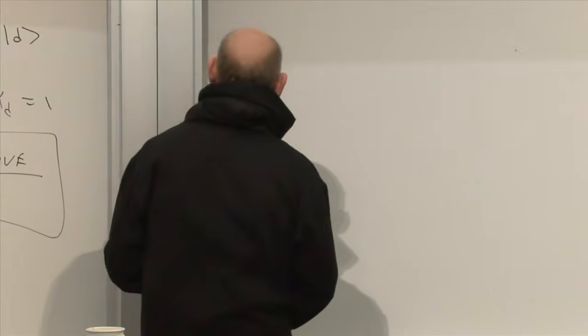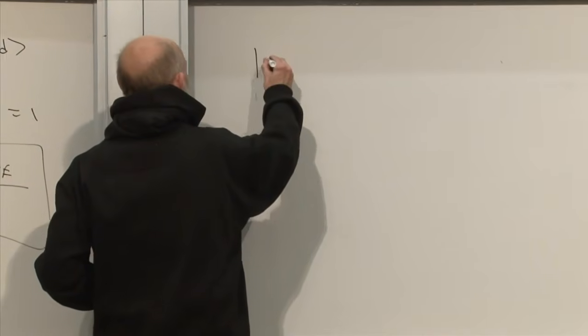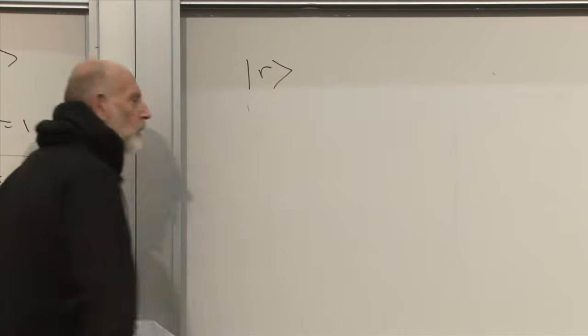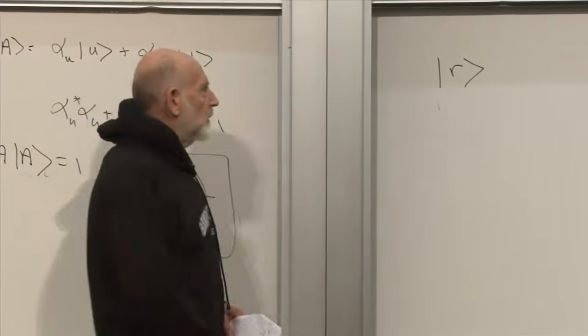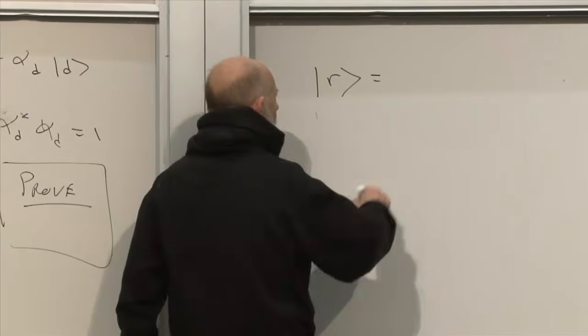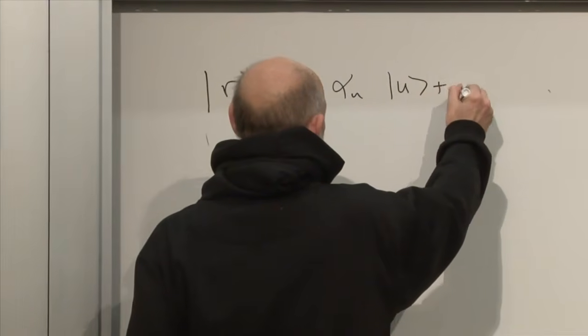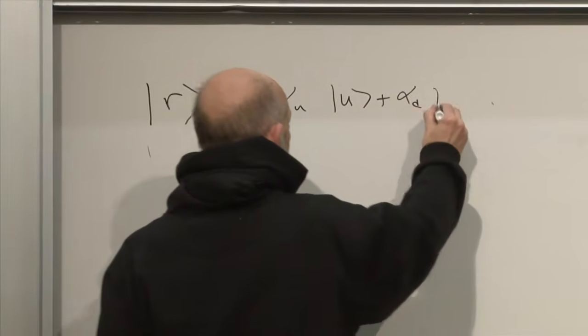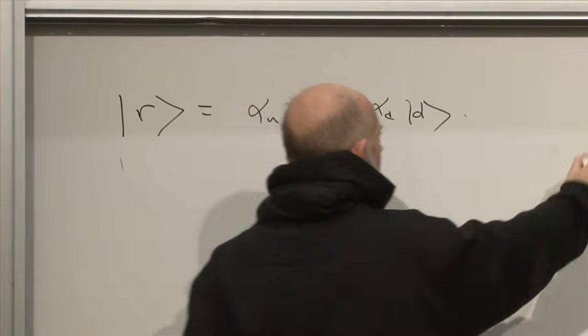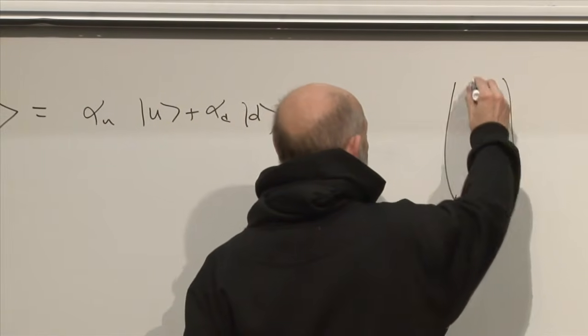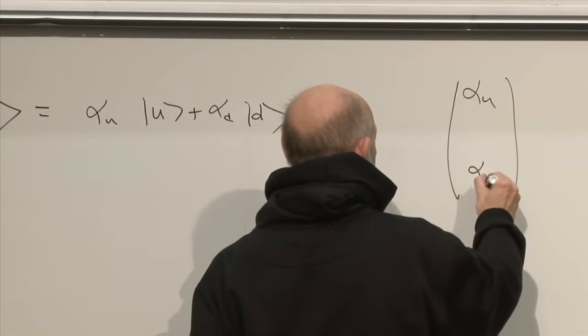So let's look at the state right. What do we know about it? Well, we know that it must be a combination alpha up, up, plus alpha down, down. We can also write that in the form of a column vector, alpha up and alpha down.